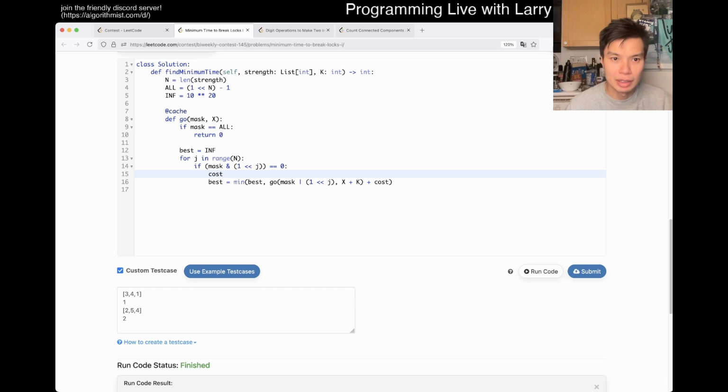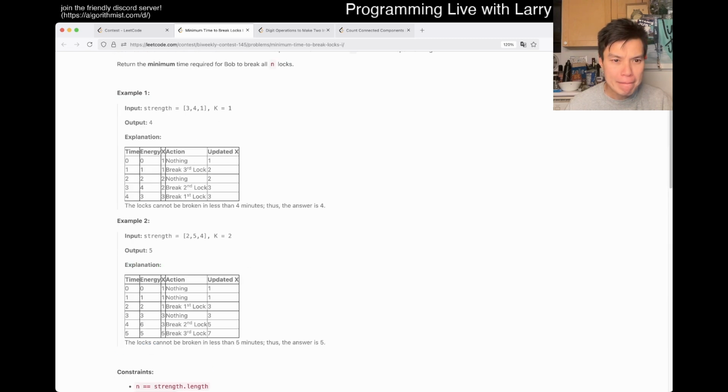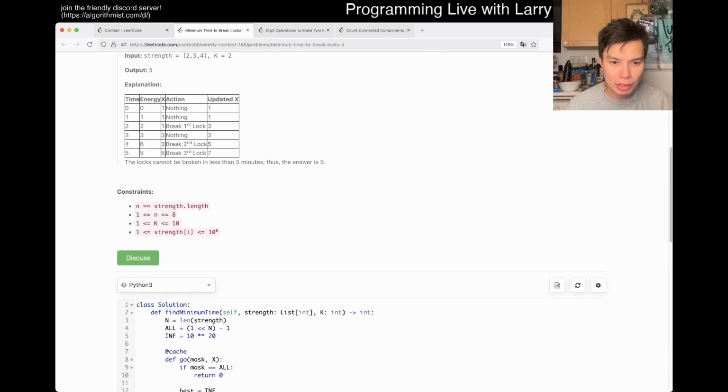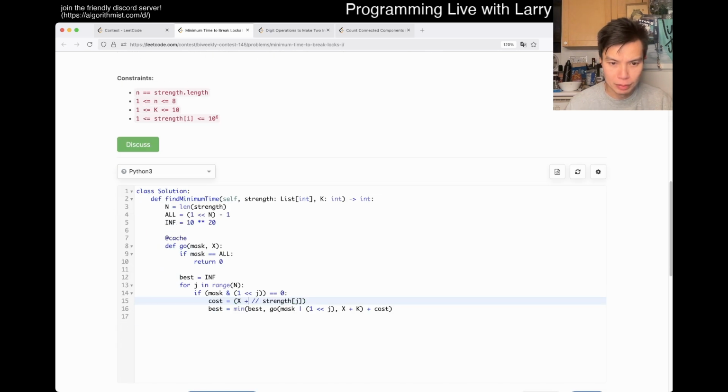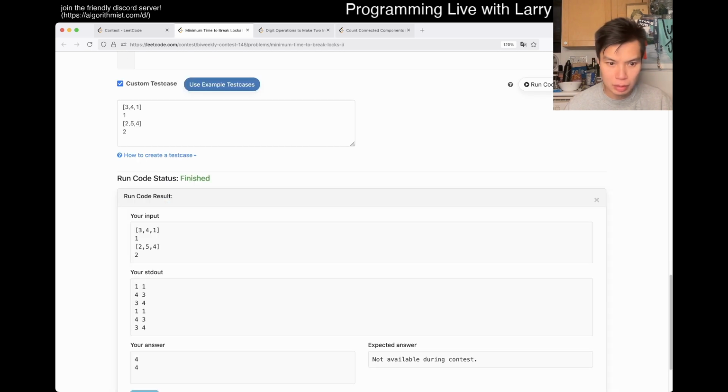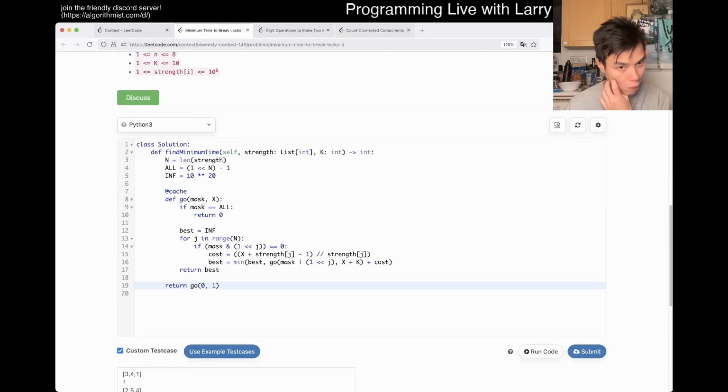So you have x, and then it's going to equal x divided by strength of j. But round up, right? Is that it? Three is wrong.